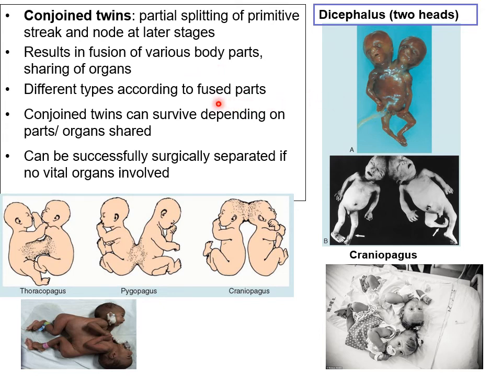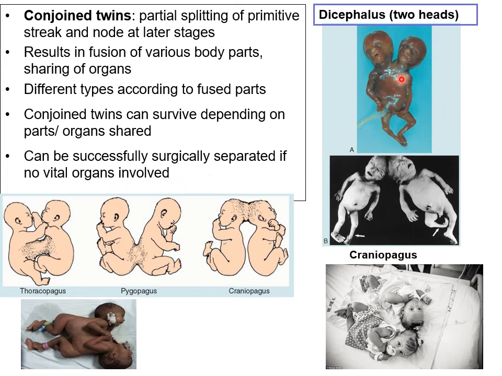And there are different names assigned, depending on the type of conjoined twins. Now, depending on the parts or organs shared, some conjoined twins can even survive and grow to adulthood. So we shall see examples of this. And some can be successfully surgically separated after birth, provided there are no vital organs involved. So let's learn these phases.